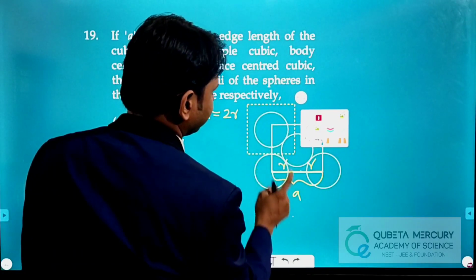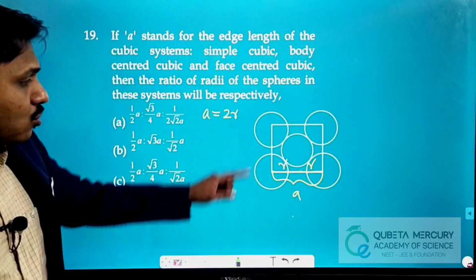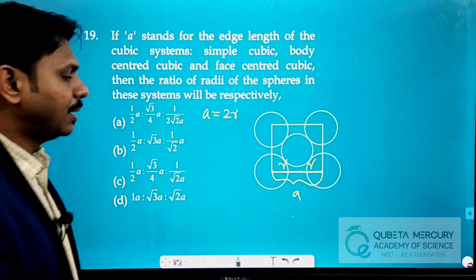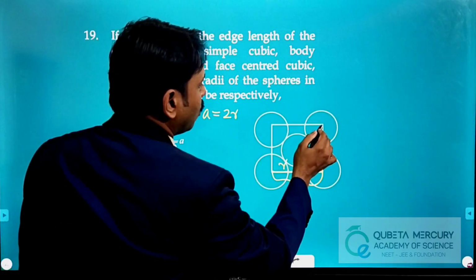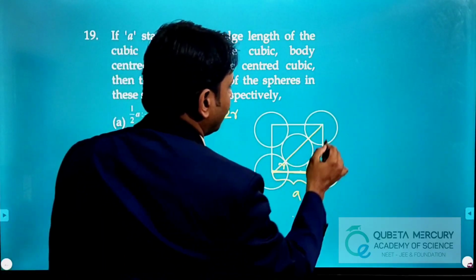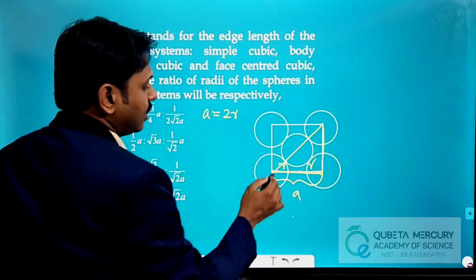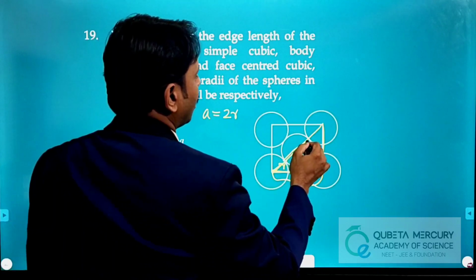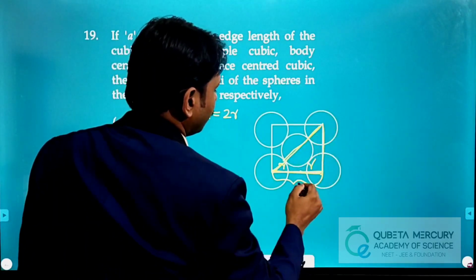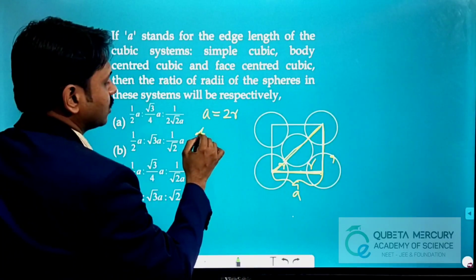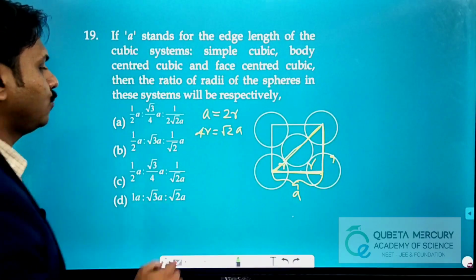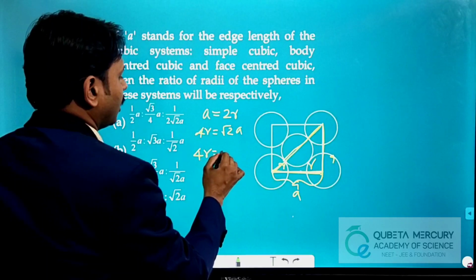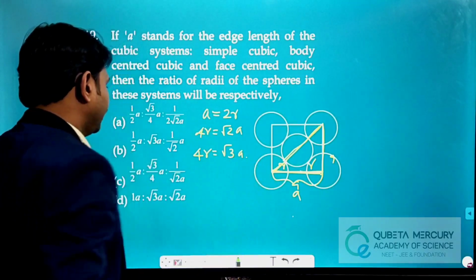It will be like this. That means the corners touch but it also touches the face-centered atoms. So if I draw a triangle like this, then this is r, r, r, r. This is 4r. Then from this I can write 4r equals root 2 a according to the Pythagoras theorem. Similarly for body-centered cubic we can write 4r equals root 3 a.